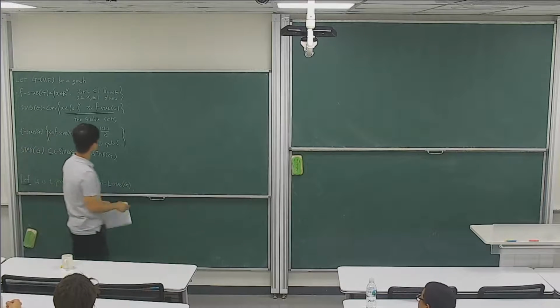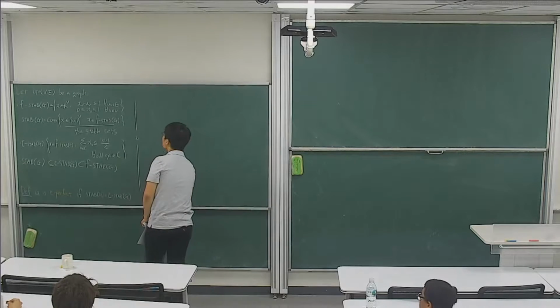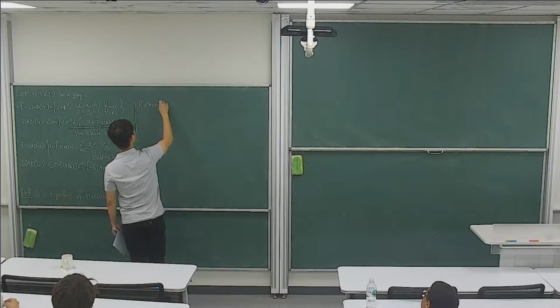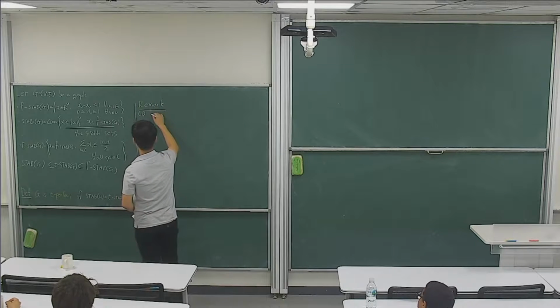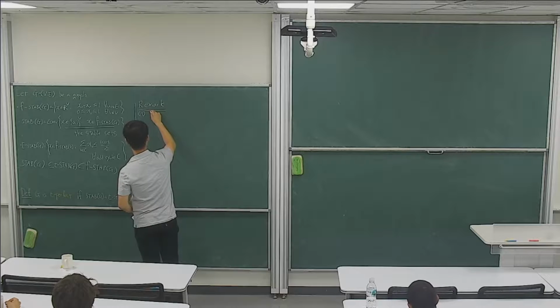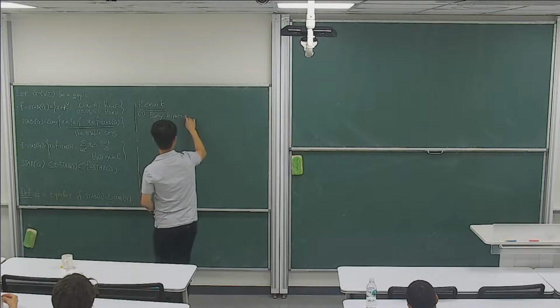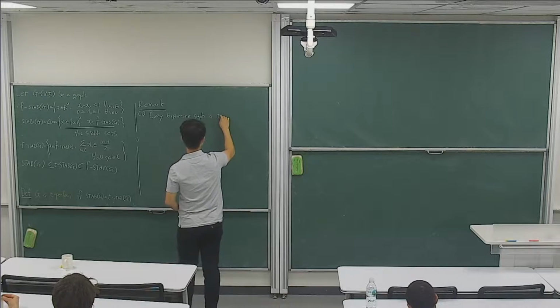Let's see some examples of T-perfect graphs. First, every bipartite graph is T-perfect.